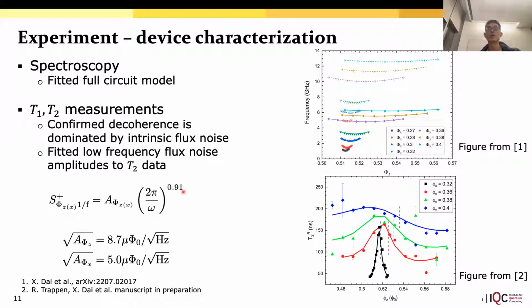We didn't use 1 exactly, but 0.91, because we have some other data points in previous literature where the same fabrication process was used and it was found that 0.91 agrees better than just exactly 1.